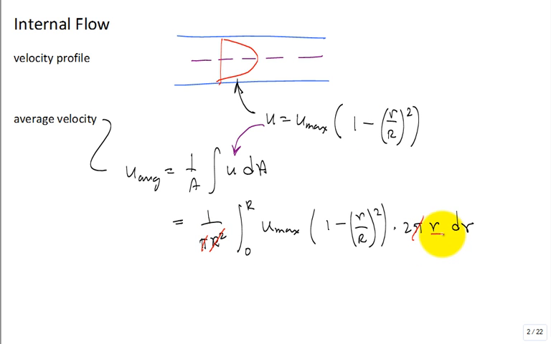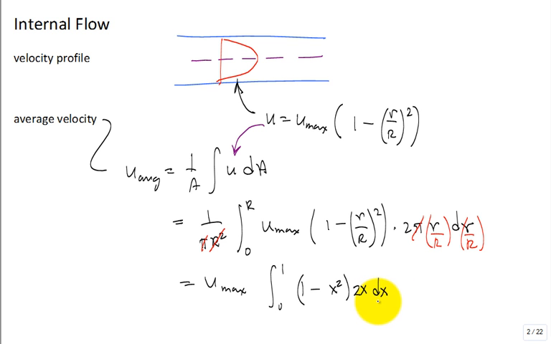Move these R's under here. Introduce the change of variable. So it's integral from 0 to 1, 1 minus x squared, 2x dx. And U average is equal to 1/2 U max for laminar flow.